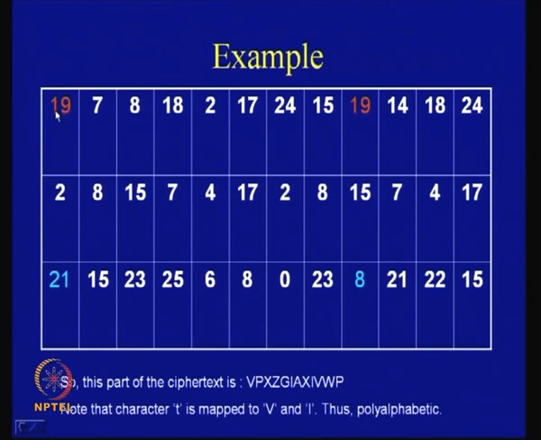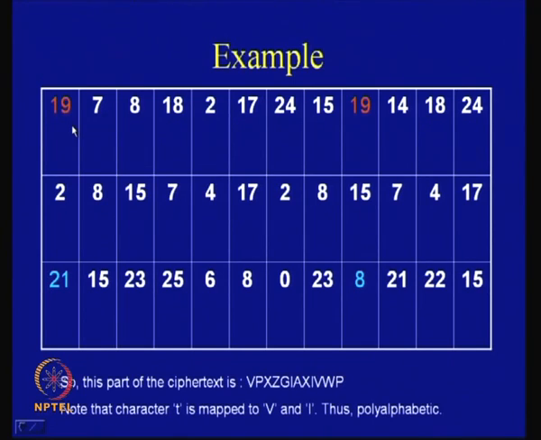Which means that the same plain text letter, which in the monoalphabetic cipher would always have been mapped into a unique letter, in a polyalphabetic cipher is sometimes mapped into one number and sometimes into a different number. Since there are 6 possible values in this particular key, this number 19 can get mapped into 6 possible cipher text values.